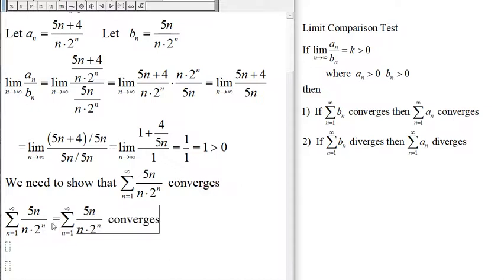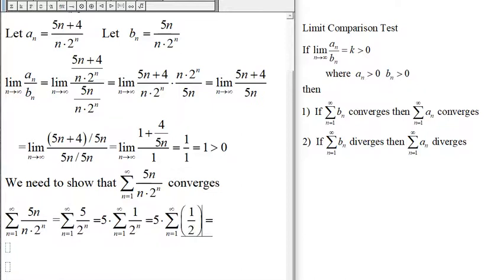And so we can see that the n here will drop out. And then this is a constant 5, so we can move it and place it in front of the summation sign. And then the 1 over 2 to the n is the same as (1/2) to the n.